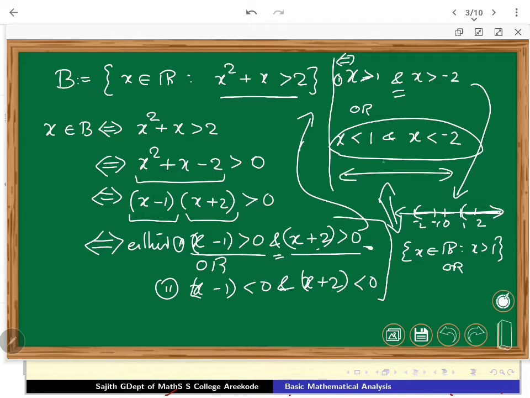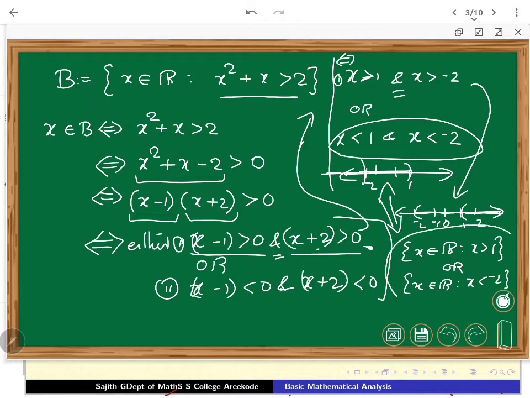So once again, analyzing this, x less than 1 means all these parts. Simultaneously x is less than minus 2 also. Minus 2 is somewhere here. So everything here, again the intersection gives those x in R with x less than minus 2.